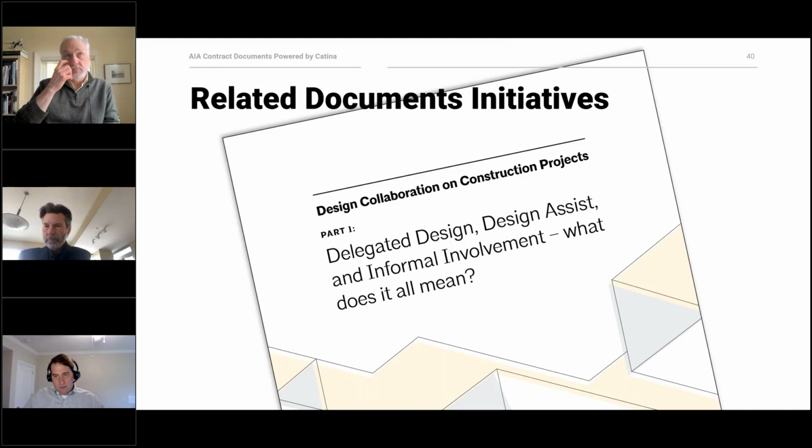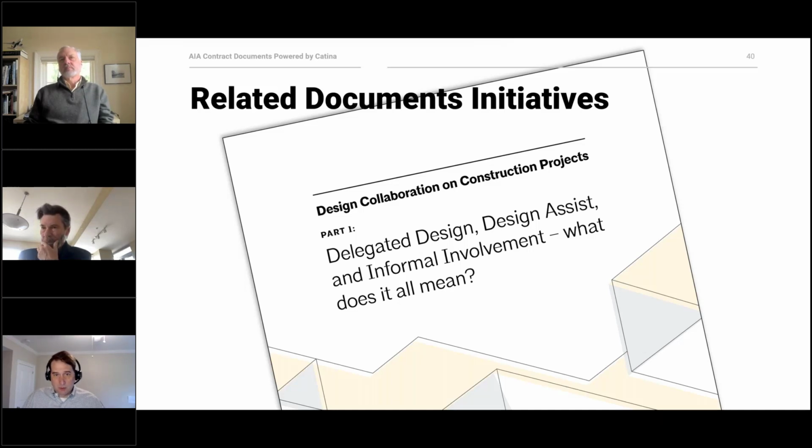Generally, informal involvement, design assist, and delegated design. These are all types of ways that usually contractors can be involved in the design of a project. Some of them can happen very early on. Some of them necessarily have to happen after the design's been done. But they're all efforts to increase levels of collaboration.